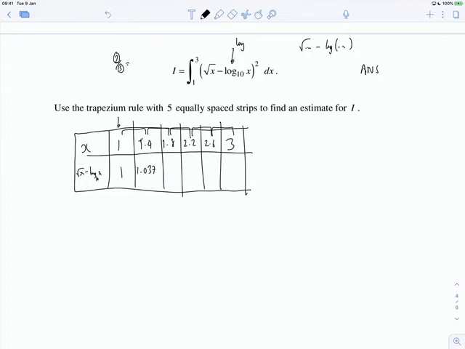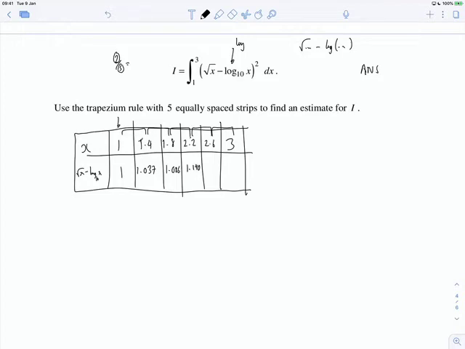If I do the same for 1.8 to 3 decimal places is 1.086. If I do this for 2.2, this is a rare case where I'm going to use a calculator. This is 1.140.